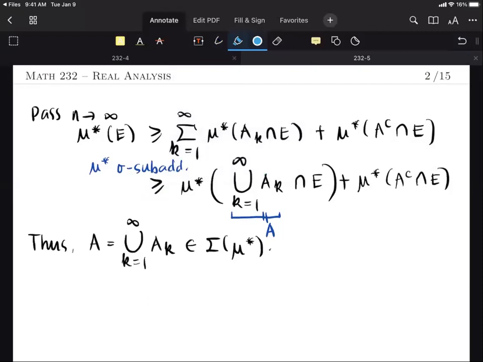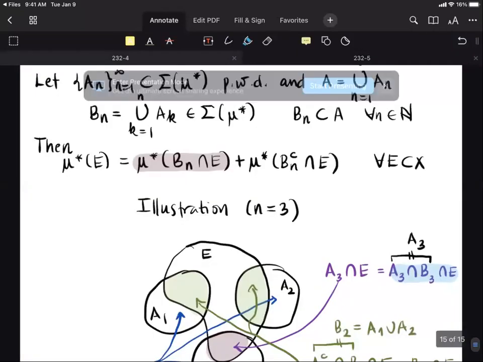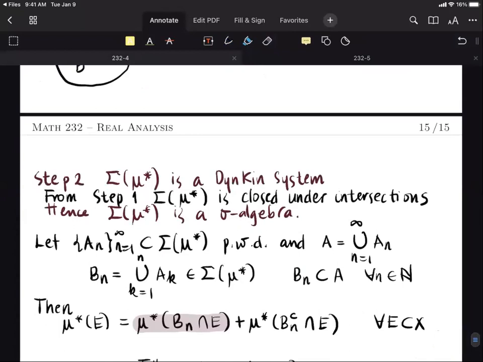So to summarize, we have verified that if you have a pairwise disjoint collection of elements that are measurable, the union is also measurable. And going back to the goal of the second step, this will imply that the set of measurable sets forms a Dynkin system. And since this Dynkin system is closed under intersections, it is also a sigma algebra.